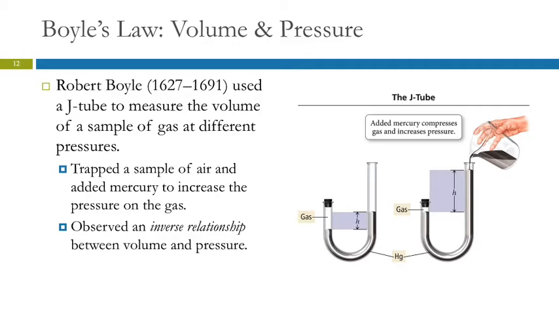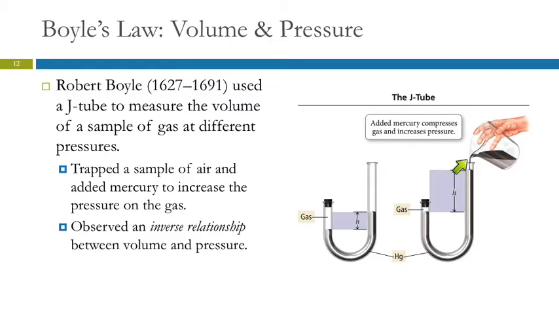So what Boyle did is he used a J-shaped tube with mercury in it to investigate the relationship between the volume of a gas and the pressure of a gas. So he's got a gas in this one side, and this is sealed off, and he can measure the pressure difference, just like with the manometer, by measuring the difference in the heights of the columns of mercury.